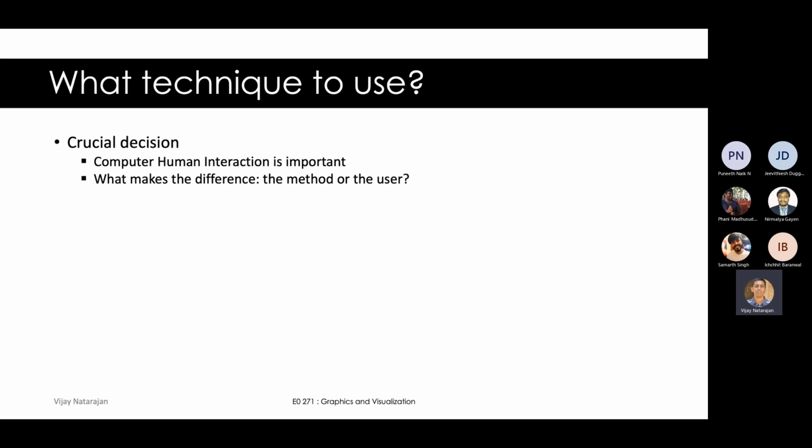you may want to keep in mind that the computer's interaction with the human is quite important. The human makes the final analysis, so how the human interacts with the visualization is quite important. So you do want to pay enough attention to the method, but you should also pay a good amount of attention to the user and think about how they are going to read your visualization.